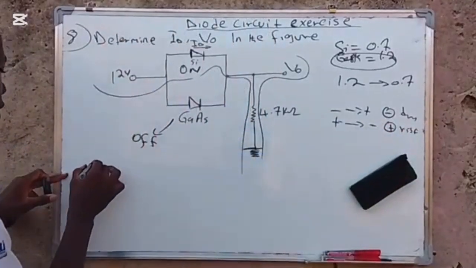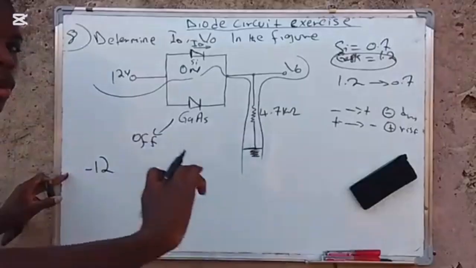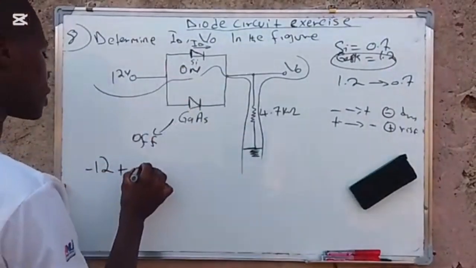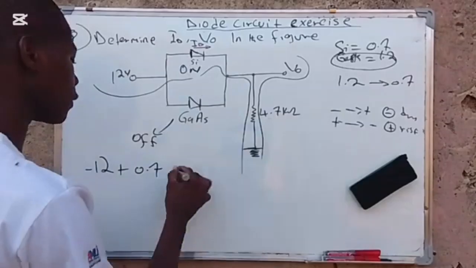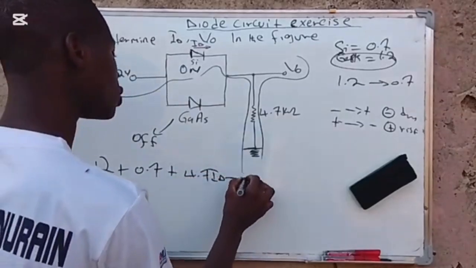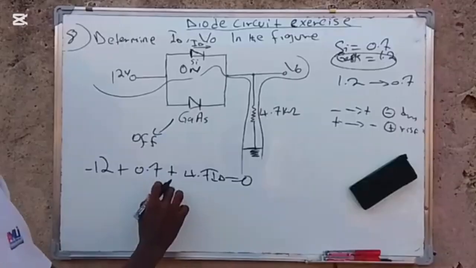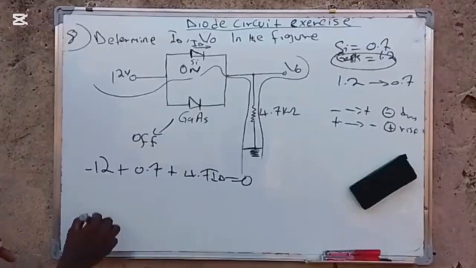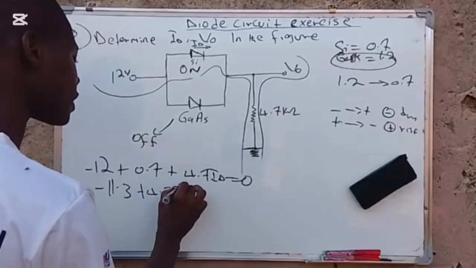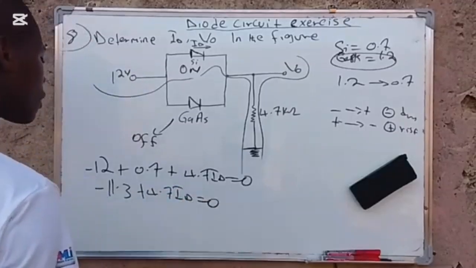So plus the 0.7 of the diode, and plus 4.7 ID should now be equal to 0. I end up with minus 11.3 plus 4.7 ID equals 0.